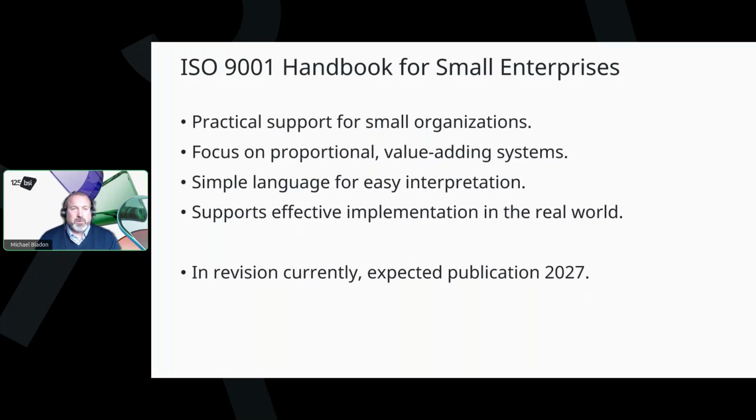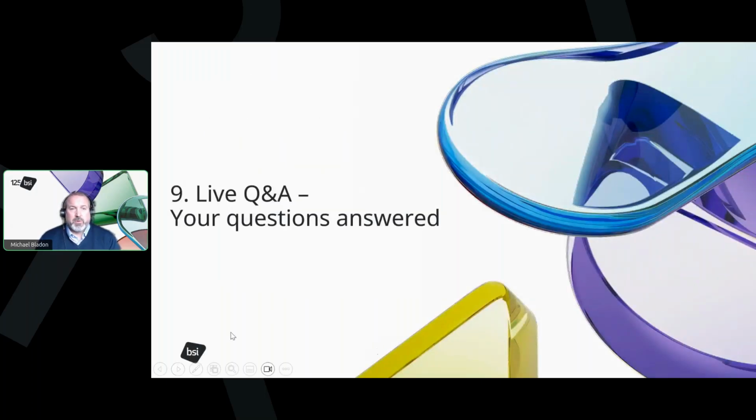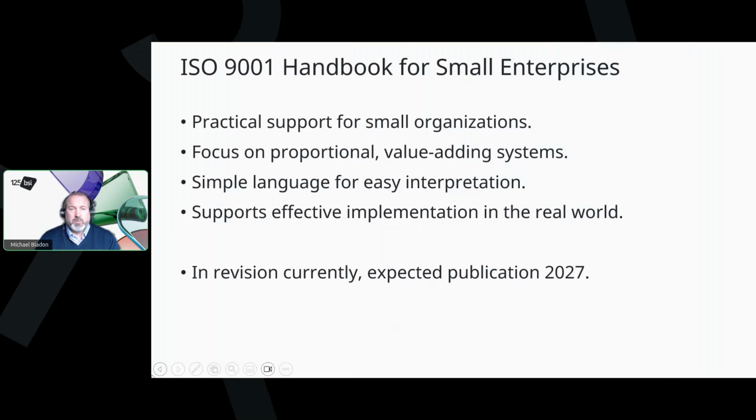So what's also in revision is the ISO 9001 handbook for small enterprises. It's a guidance document that supports the application of 9001. It's designed to help organizations understand the intent and apply 9001 in a practical way, and it is specifically focused on small organizations. Again, it does not introduce new requirements, simply supports understanding and consistent application of 9001.